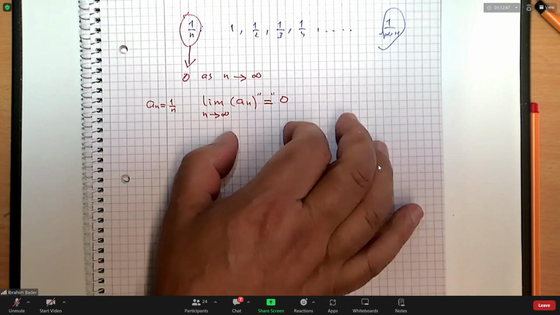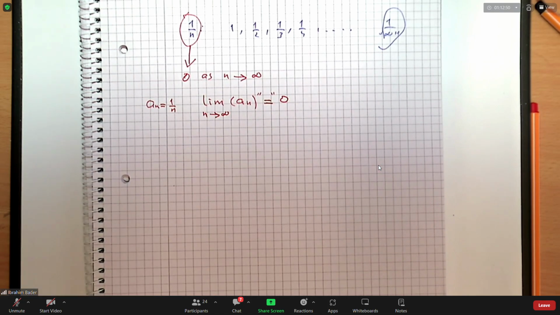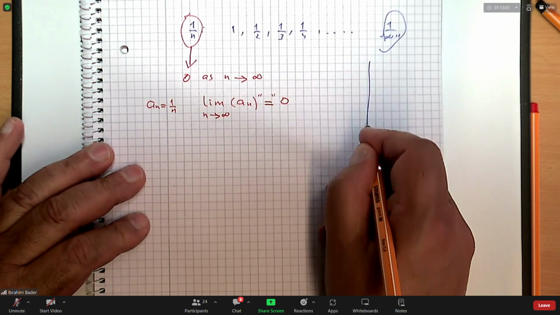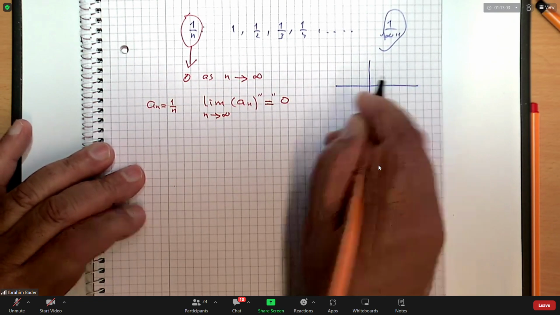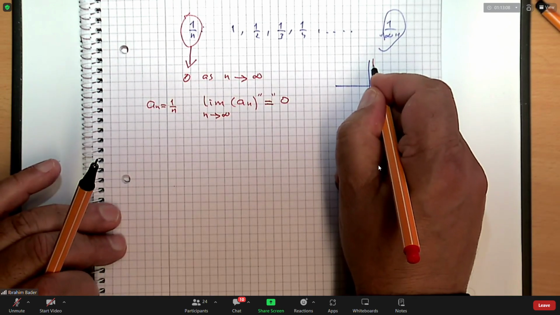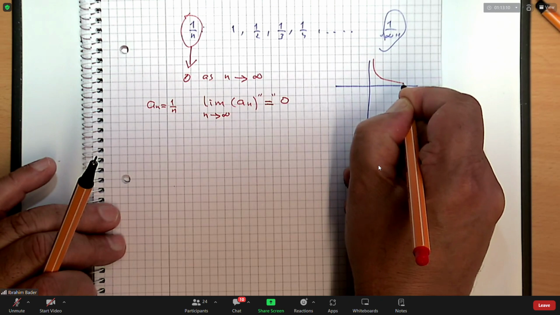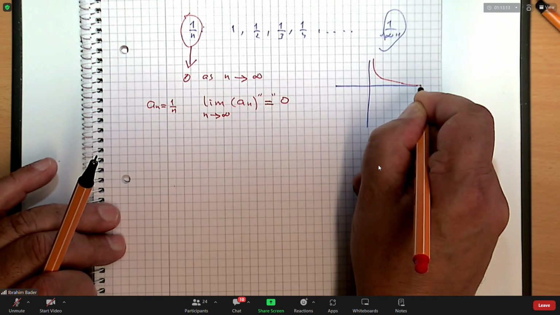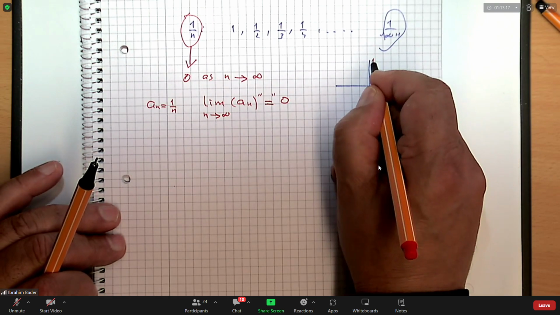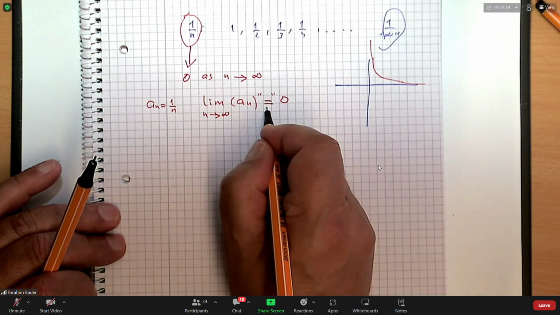So please think about the limit as approaching. If you are used to real analysis, you know the function 1/x. If you just plot it, even though it has nothing to do with this course, because it's not real analysis, nevertheless we will need it for the next course. 1/x will be something like that. It will not touch this axis, so it will not go to 0, and also from this side. That means it approaches.